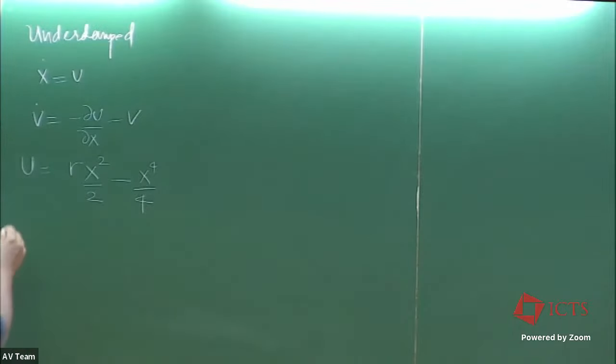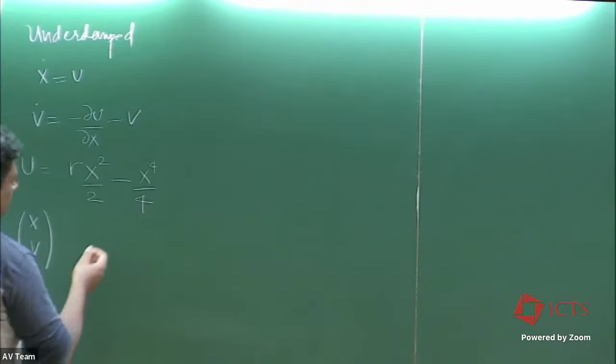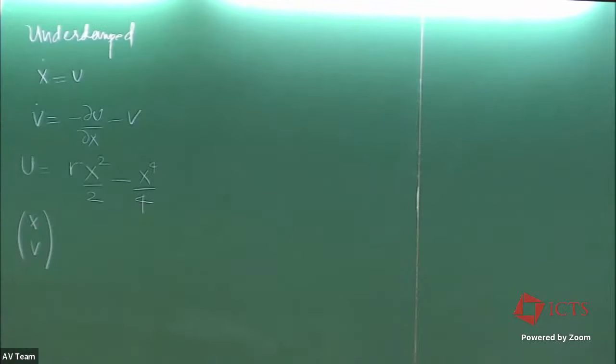First of all, find the fixed points. Now your dynamical system has two variables, x and v. You're supposed to find the fixed points for both variables, work out their stability for all values of r, remember this is the r axis, and show that you will get the same results.